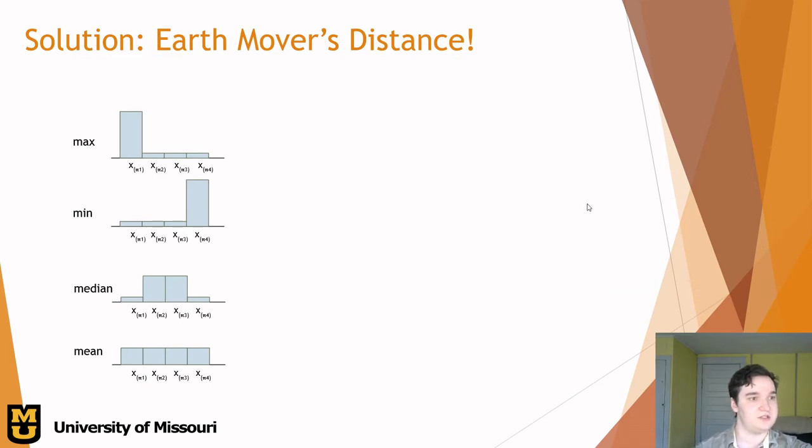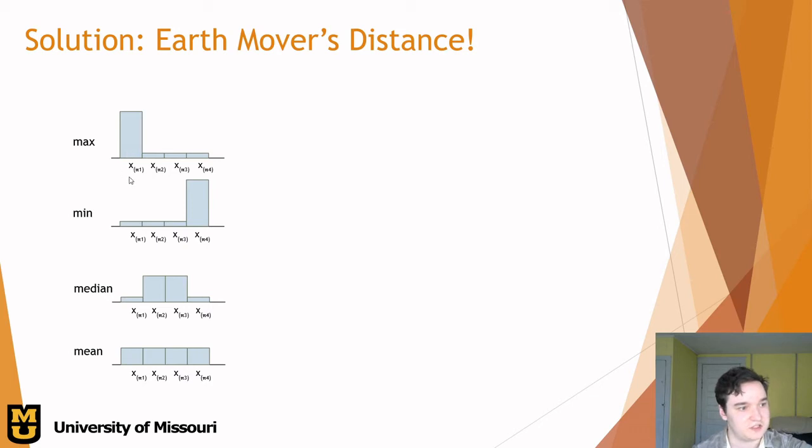So the solution to this is we're going to use the earth-mover's distance. As it turns out, it is a lot more appropriate and works in all the cases where the Euclidean distance does not. So if we reframe how we're thinking about this problem, we've got the max, min, median, and mean depicted as histograms, which you can also think of as a pile of dirt.